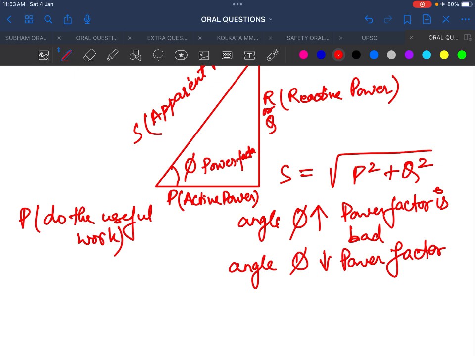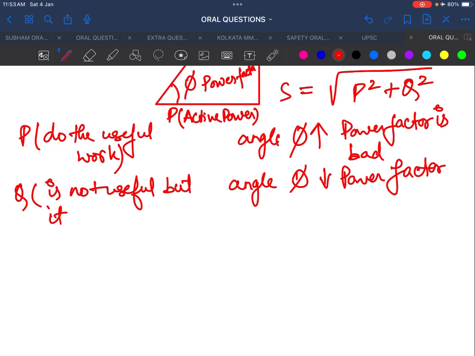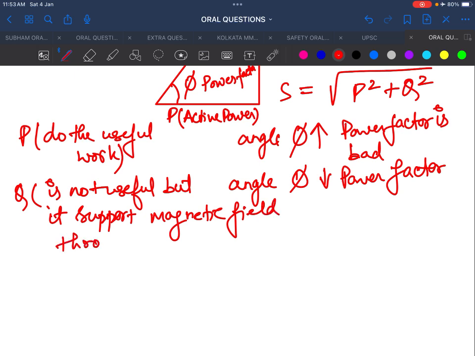And the reactive power is not useful, but it supports the magnetic field throughout the circuit.